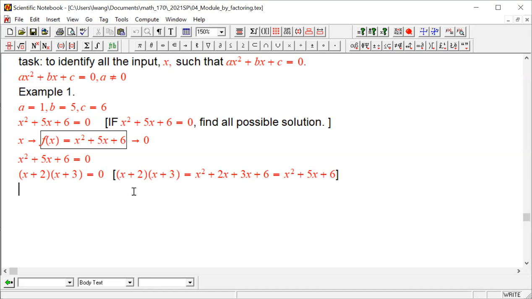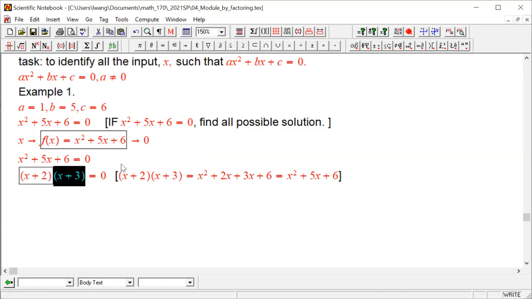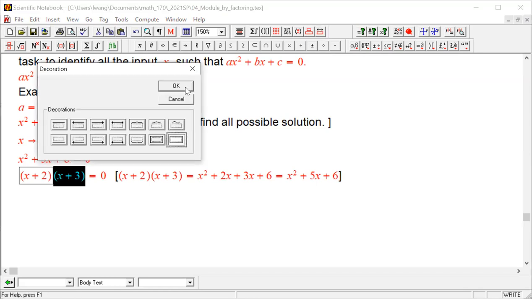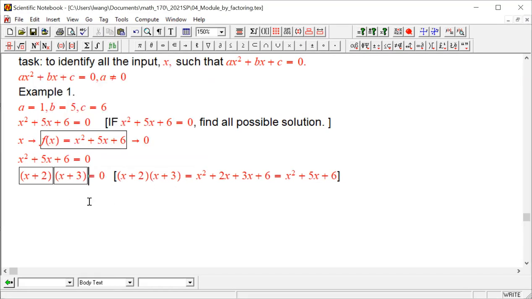the tool we're going to use is a property. We view this as a times b equals 0. So we view x plus 2 as one number, and we view x plus 3 as another. So this is viewed as the product of two numbers being equal to 0.